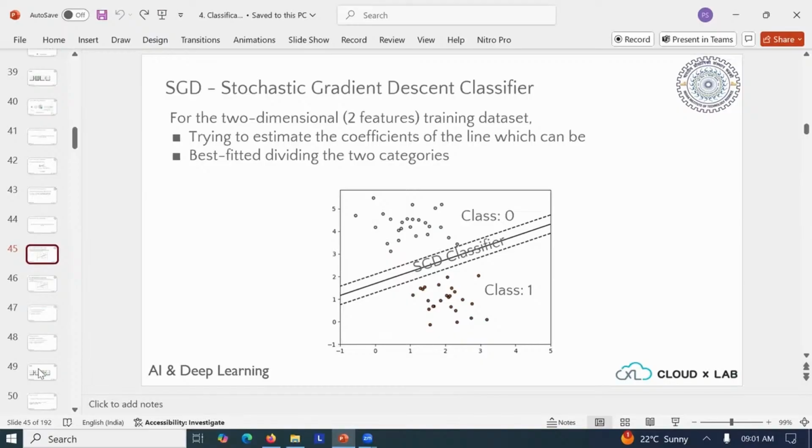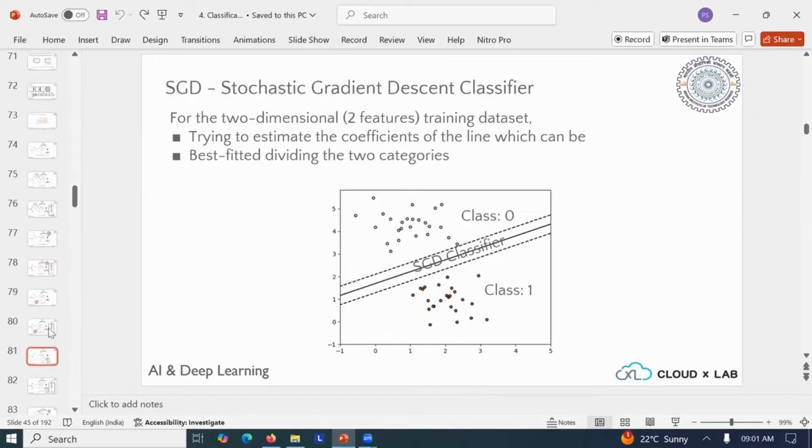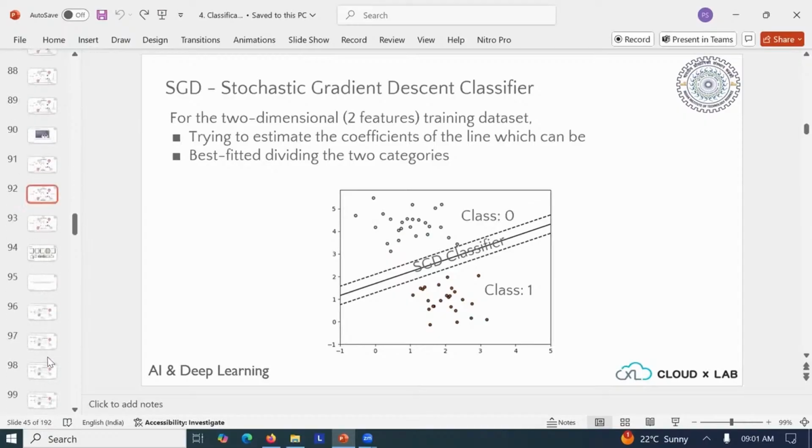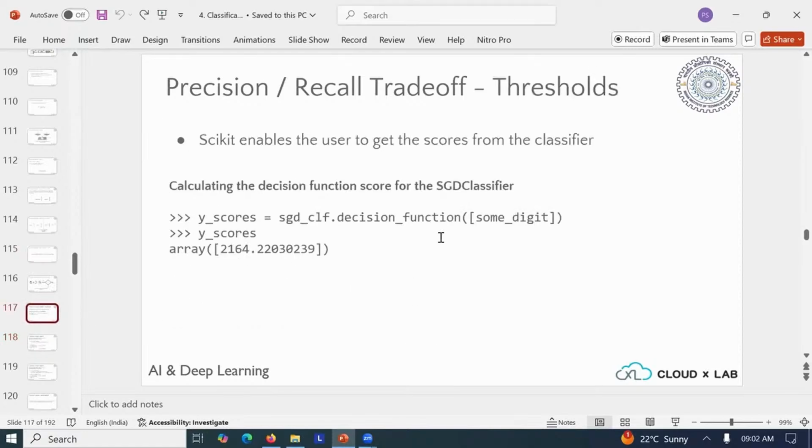That real value is our score in this case, right? So score means when you put this particular input into our model, what value we will get using this model, right?